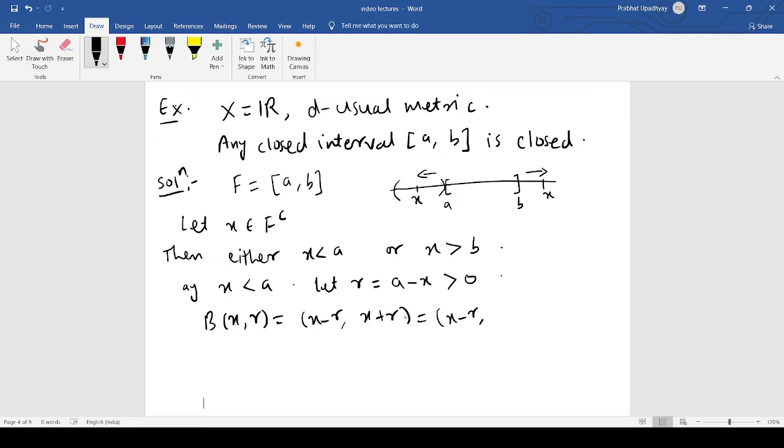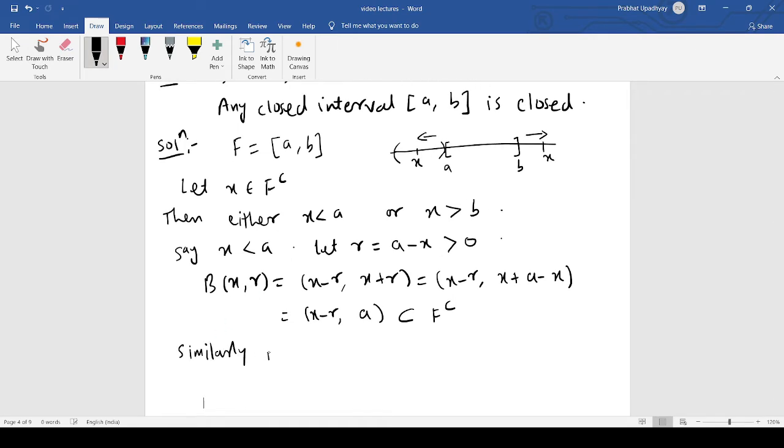Now I want to see what is the value of x plus r. r is a minus x, so x plus r is x plus a minus x, which is a. So the ball is the open interval (x minus r, a). That means this B(x, r) does not intersect with the closed interval [a, b], and hence you can say it lies in F complement.